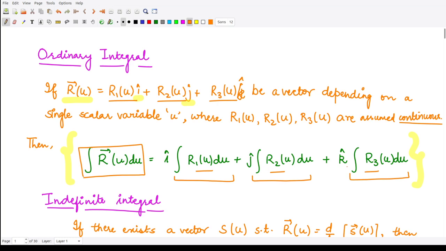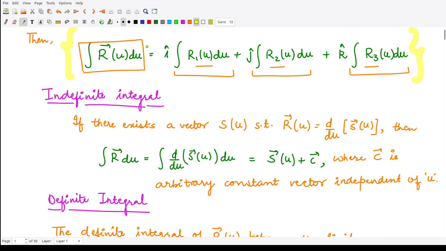So let us now discuss what we mean by indefinite integral in the case of vectors. For indefinite integrals, we say that if the given vector r of u could be represented by the derivative of some other function, which is also a vector point function s of u, then we can calculate the indefinite integral of r of u by taking the integration of the derivative of s of u, right?